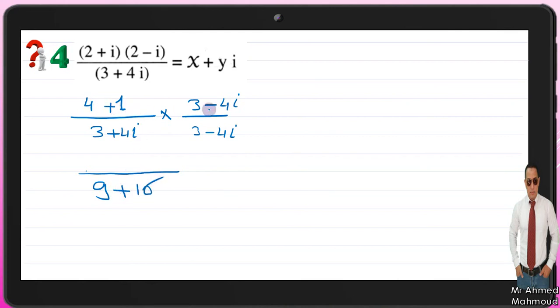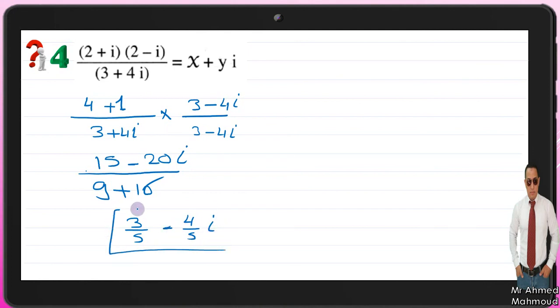Up: 5 times 3 equals 15, and 5 times negative 4 equals negative 20i. 15 divided by 25 equals 3 over 5, minus 20 divided by 25 equals 4 over 5 i.